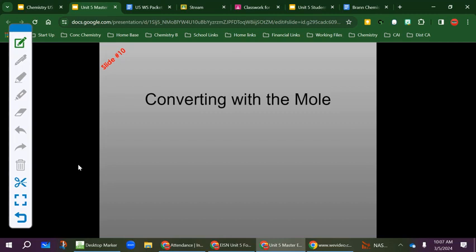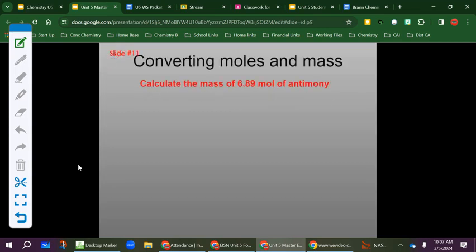But the good news is the steps, we're always going to do them the same way, and we are always going to let our units help set up the problem by canceling out. So, for example, ladies and gentlemen, calculate the mass of 6.89 moles of antimony. Now, what do I need to know first thing to do this problem?